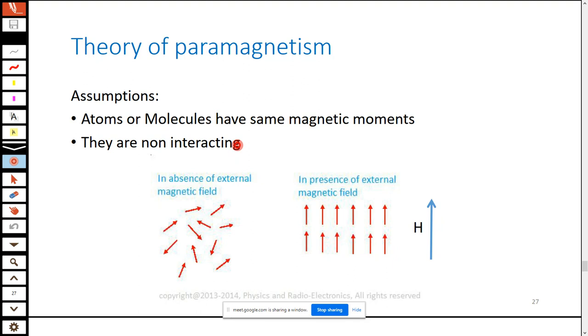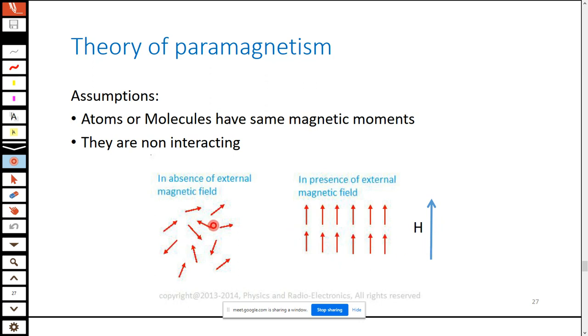And the second thing is they are non-interacting. So there is no interaction between any two moments. Now this is something like a distribution of magnetic moments in the absence of a magnetic field, and they are all random, right? So what happens when you apply a magnetic field?